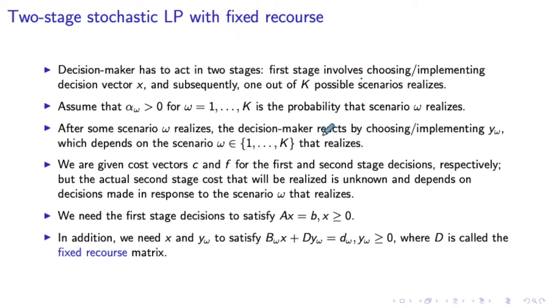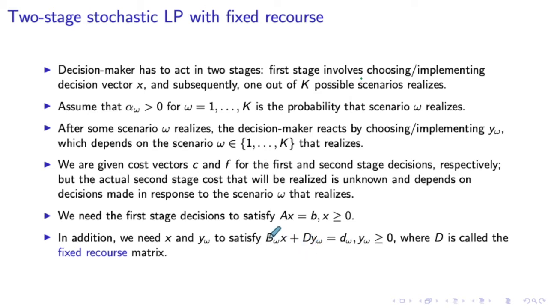Why with fixed recourse? Because the second stage decisions represent what we call the recourse actions that we implement after observing the outcome for the stochastic scenario. And this matrix D corresponding to the recourse variables is a constant matrix. It doesn't depend on the scenario. That's why this is a problem with fixed recourse.